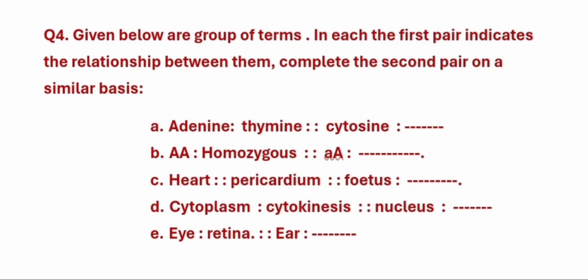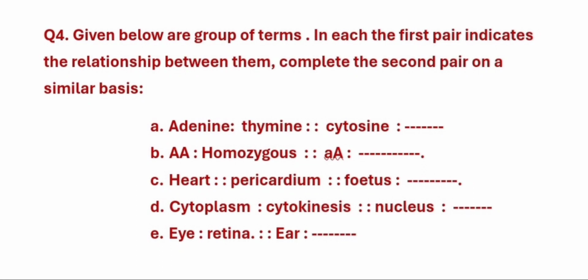Next, there is question number 4, where you have to write the last gap to make a group which is similar to the given group of the first two. So, depending upon the relationship shown between the first two, the second pair is to be completed.